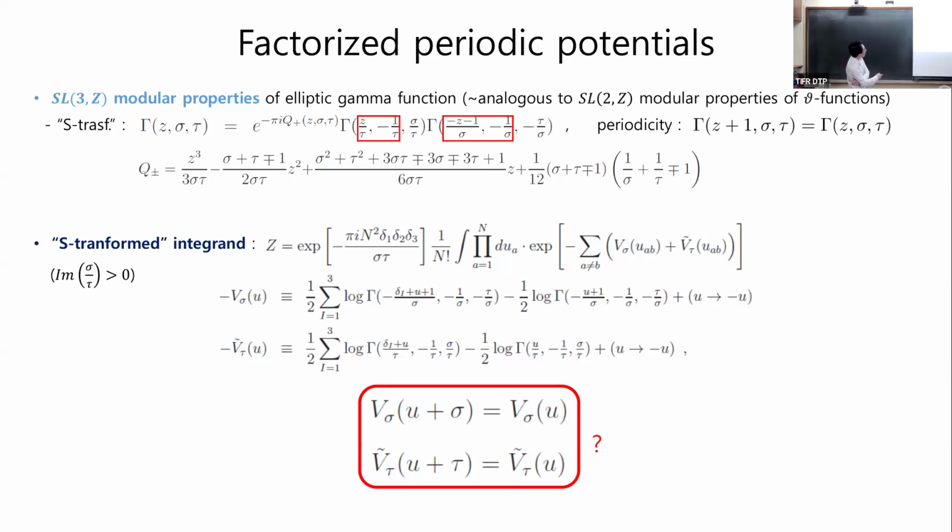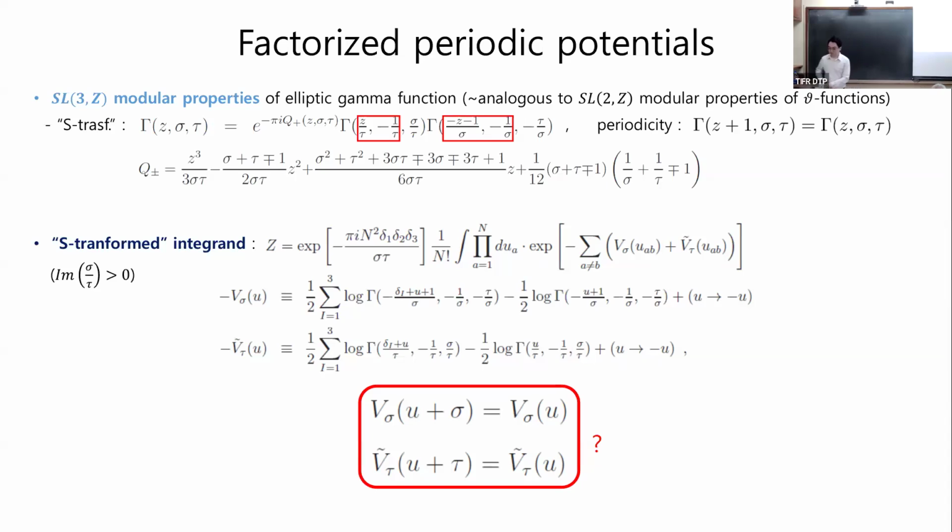If you translate z to z plus tau, then this will be periodic, and this will be periodic under a shift of sigma. So this S-transformed integrand of our integral can be written like this, and this V sigma coming from this vector is periodic under the sigma shift, and this V tau will be periodic under the tau shift.